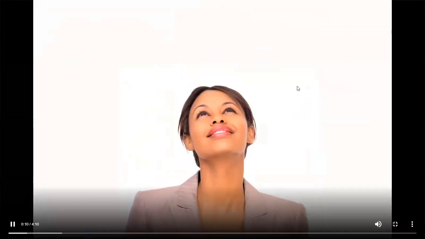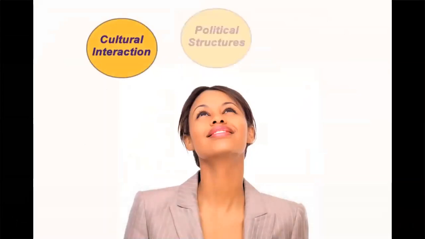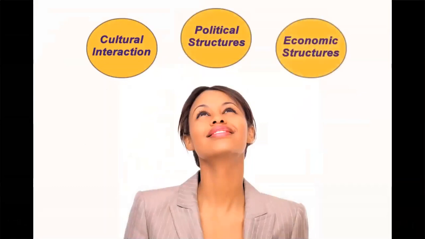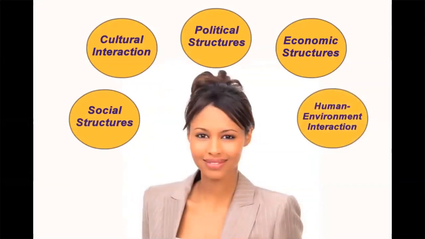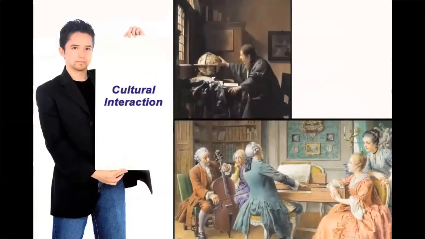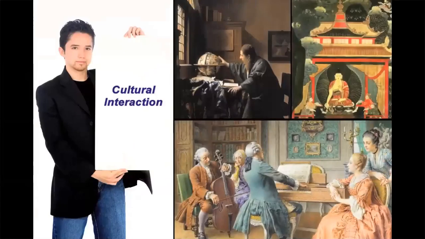World Connections highlights 5 themes in world history: cultural interaction, political structures, economic structures, social structures, and human environment interaction. Studying history with these themes in mind will help you make connections among events and interpret the past. The way cultures interact is a key theme in world history. Throughout history, people of different cultures have exchanged ideas, beliefs, and customs. This spread of cultural influences is known as cultural diffusion.